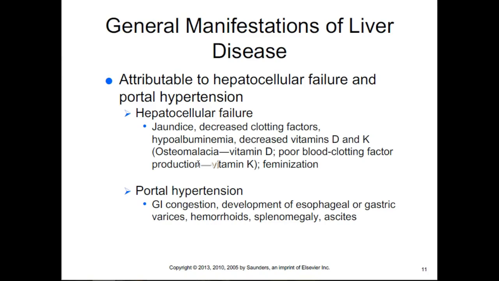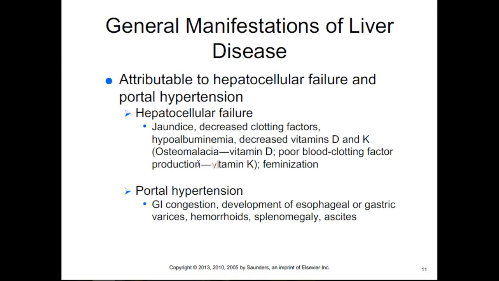And so we have GI congestion, right? And then you might also, as a result, have development of esophageal or gastric varices, which are like the veins are going to be affected. So the structure of the veins in the esophagus and or the stomach are going to be affected. You might see hemorrhoids.